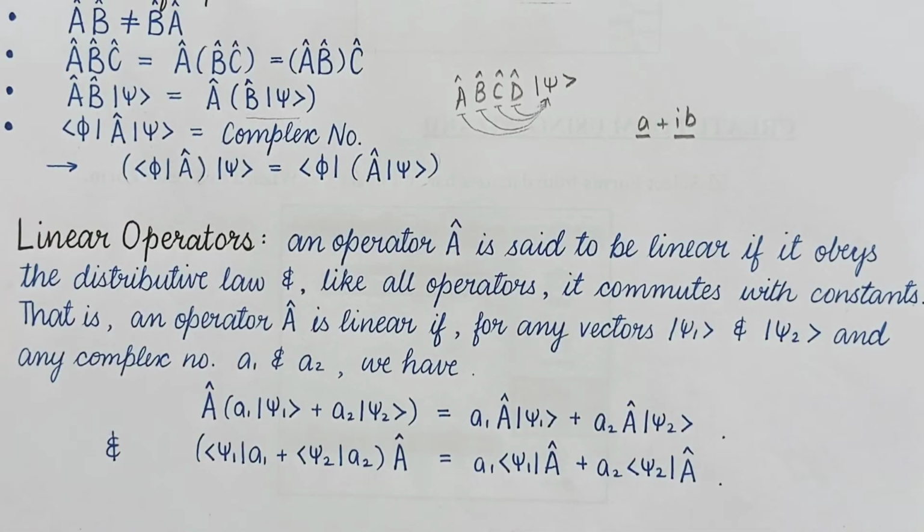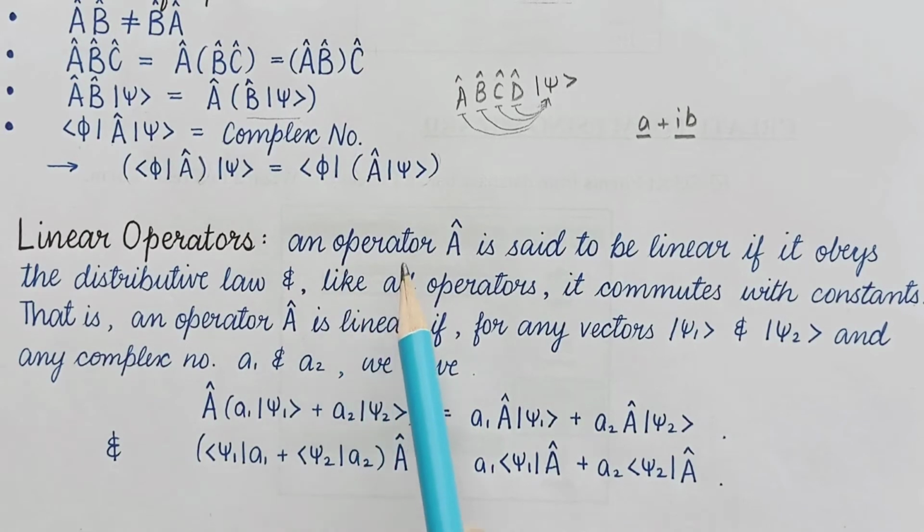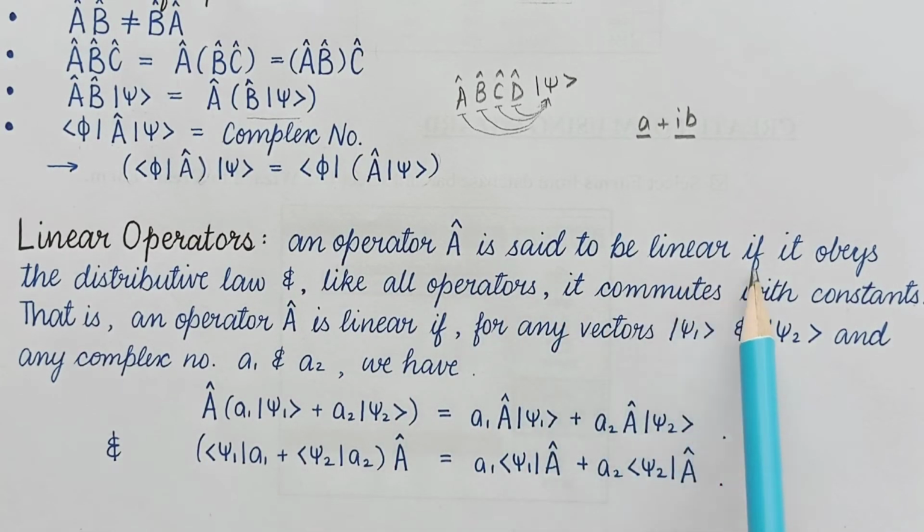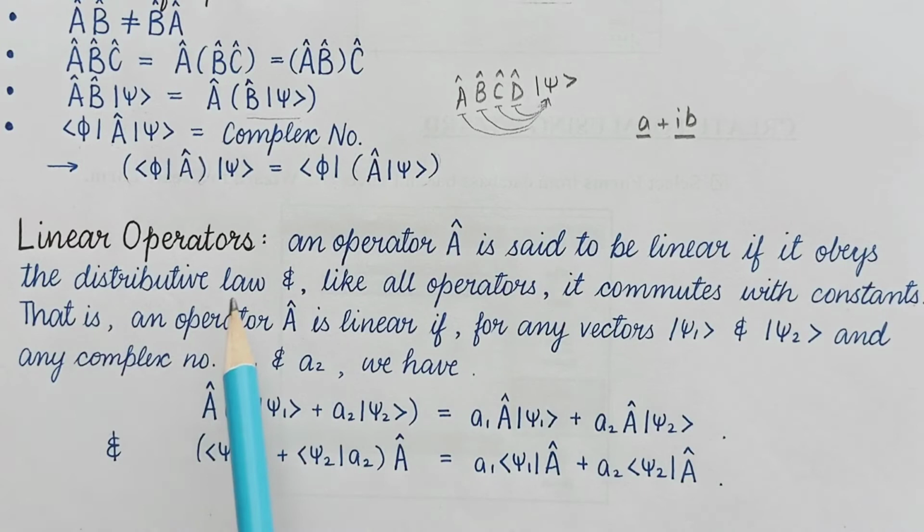Now moving to the linear operators. An operator A cap is said to be linear if it obeys the distributive law, and like all operators, it commutes with the constants.